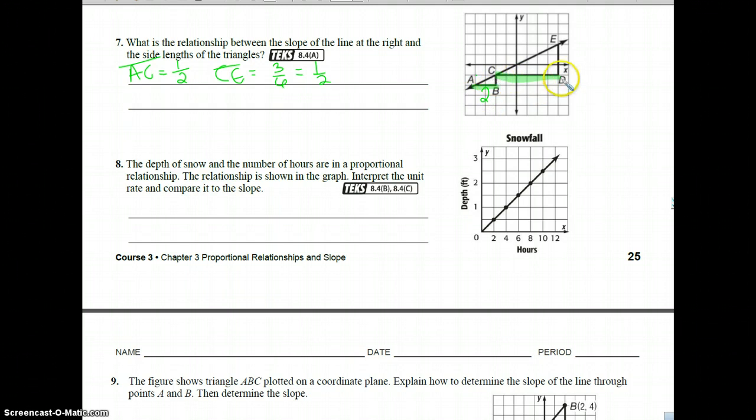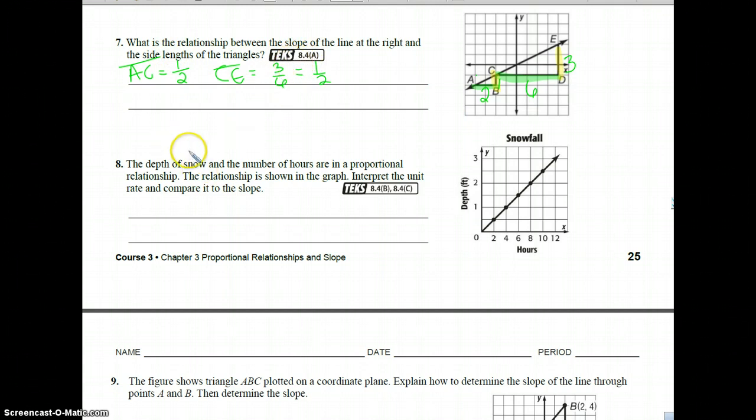And then how long is it from C to D right here? Eddie? 6. Okay. And do you agree those represent the bases down here? 2 and 6. Okay, and then how about if we look at the height from B to C and then from D to E? Kaylee? Okay, so it's 1, and then over here would be 3. Okay, and do you agree that those are represented right there?